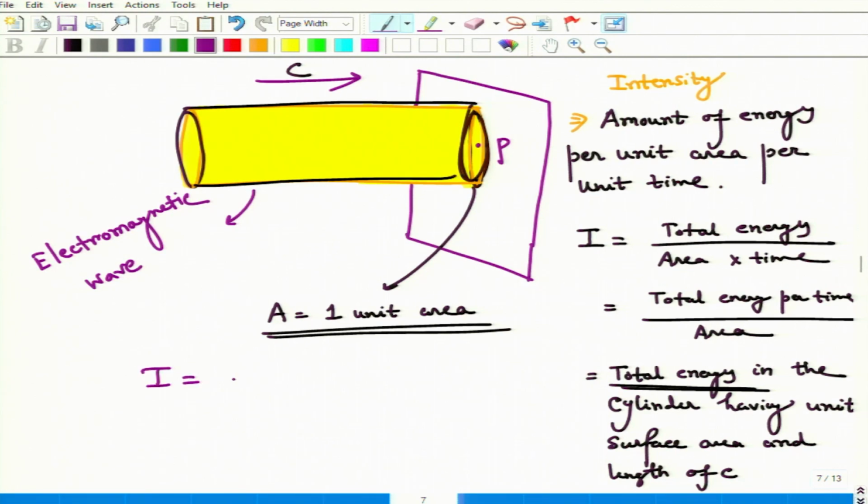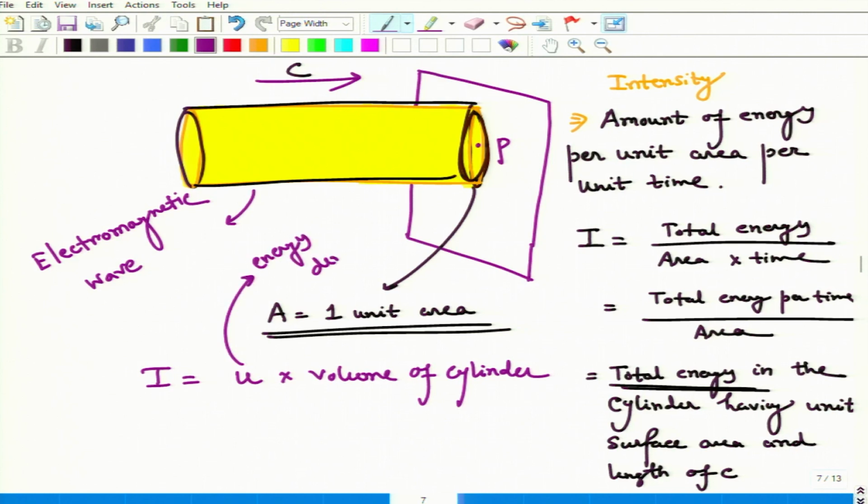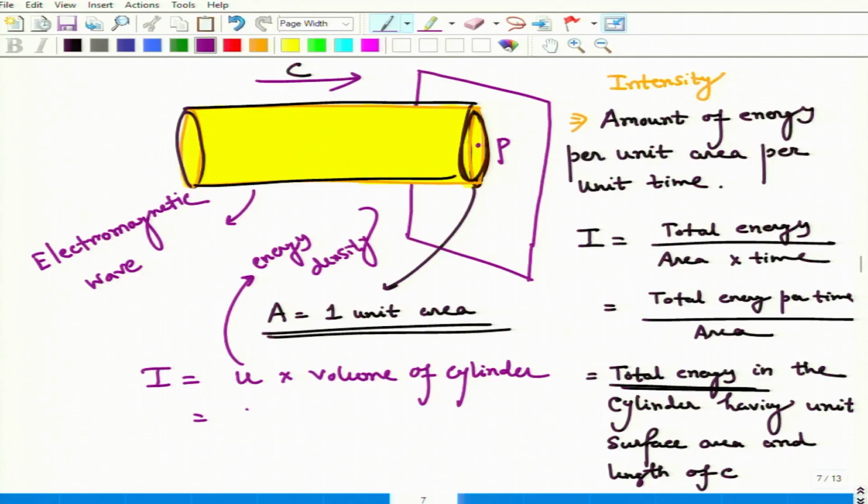So I should be the total energy stored in the cylinder. That should be the energy density into the volume of the cylinder. This is the energy density, correct? If we multiply the total volume of the cylinder with the energy density, we obtain the total energy. That is the definition of energy density. So it will be u, and the volume of the cylinder is c into area, which is 1.